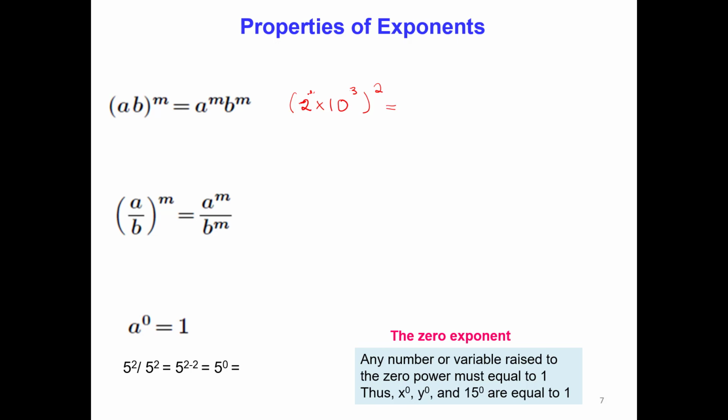Then 1 times 2 is 2, and for 10 to the third we have a power of a power, then we multiply 3 times 2 is 6. Then 2 to the second power is 4, and we can write 10 to the power 6. It's a larger number, so we can just write it like that.